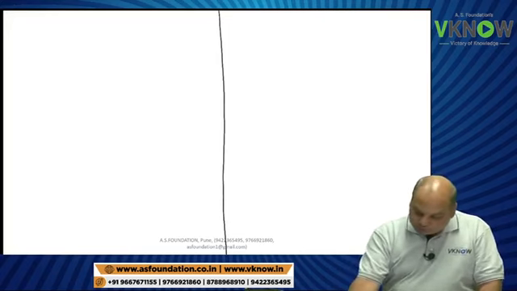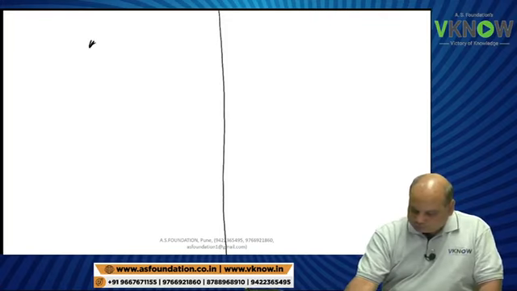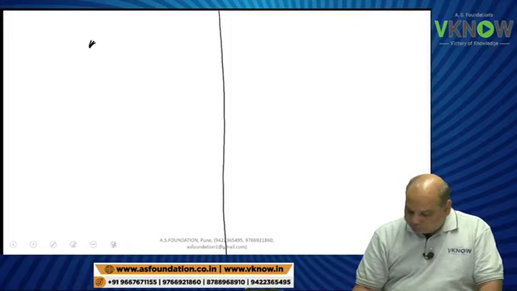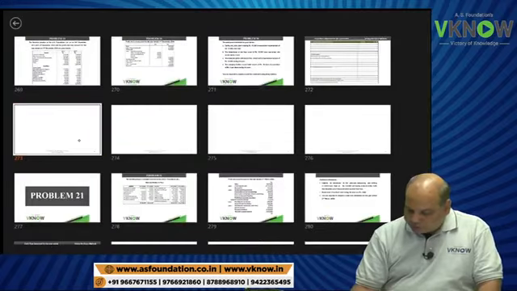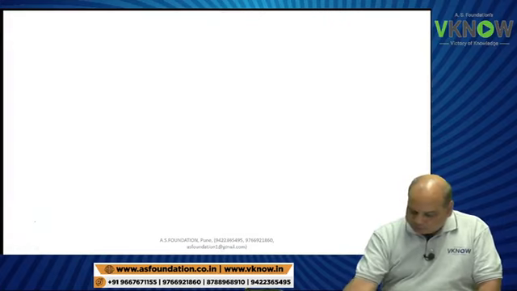So first write down working note 1, debtors account.